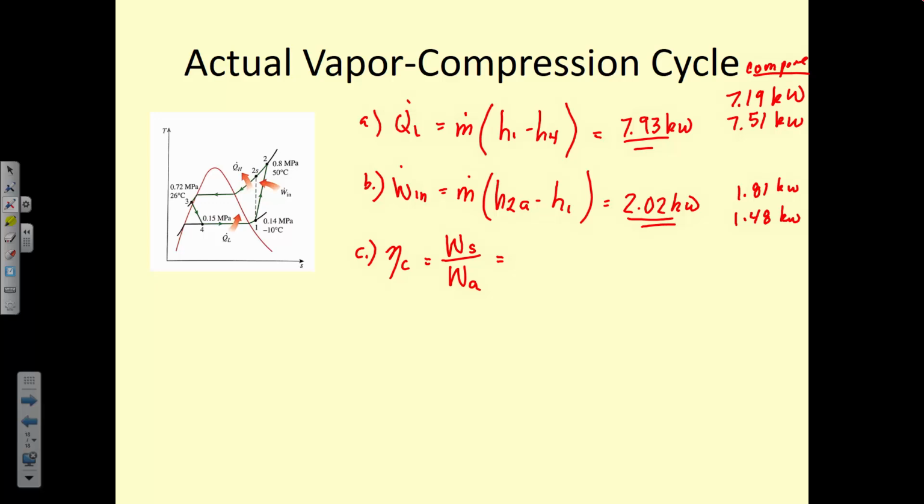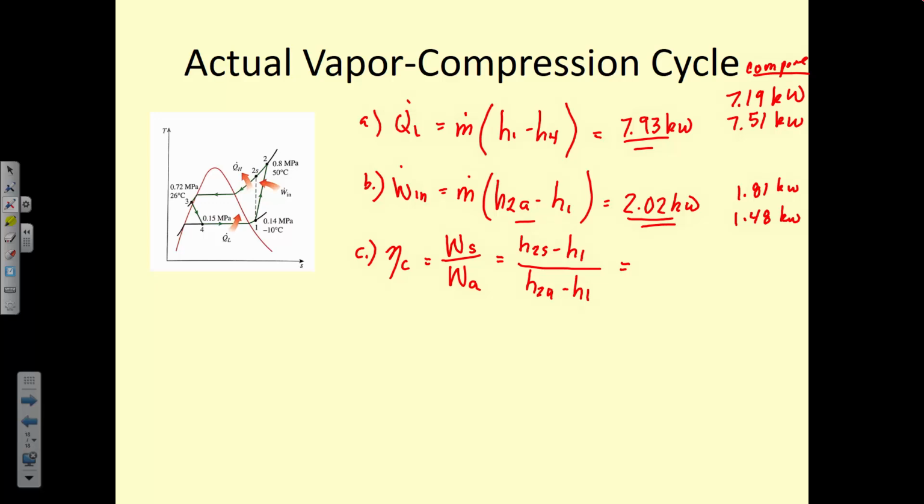Our isentropic work, what is the equation for that? We don't have to put in m dot because m dot is the same, it'll cancel out. We just need enthalpies now. H2S minus H1 over H2A minus H1. We already calculated this H2A minus H1.